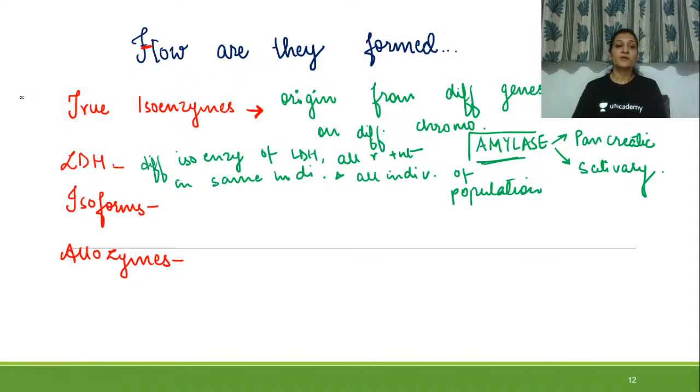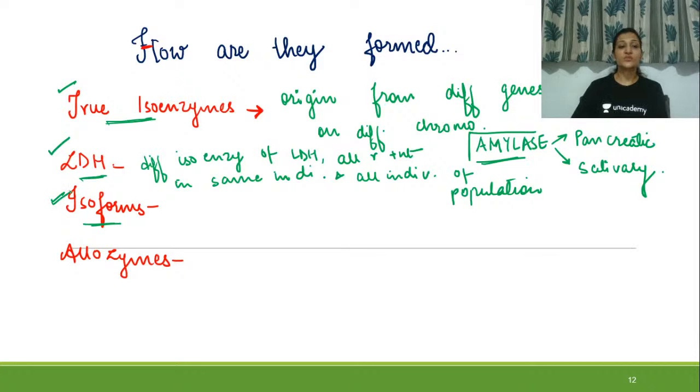So we have seen about true enzymes and LDH. True enzymes, different genes for the same enzyme. Then LDH, how is it different? There are various forms of LDH and all of them are present in a single individual, and all of those forms are present in each and every individual of the population, right?